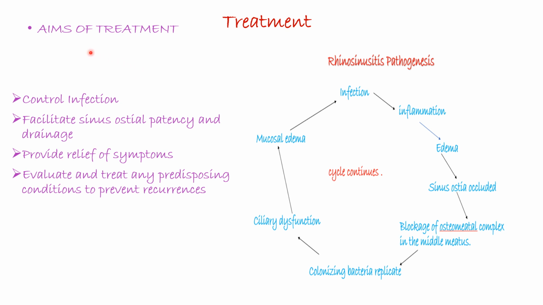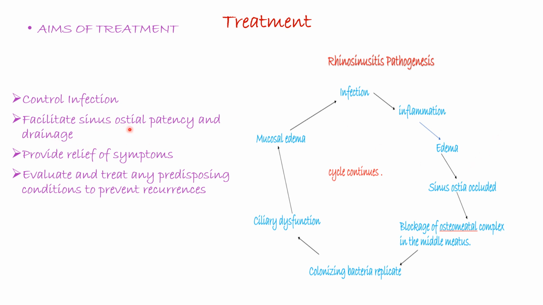So in terms of treatments, we have aims of treatment, and the first of our aims of treatment are going to get them from the pathogenesis. So if it is infection, we'll want to control the infection. If it is inflammation, we'll want to control the inflammation. Because we said the mucosal edema is going to cause nasal congestion, we'll want to control that.